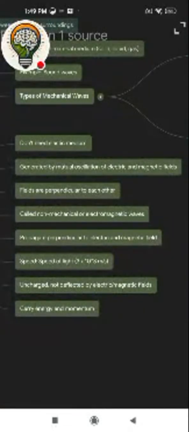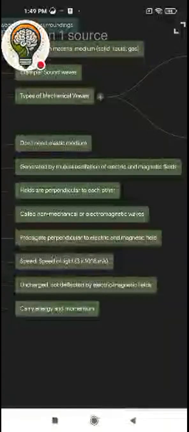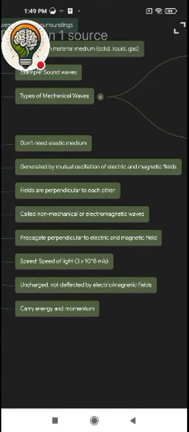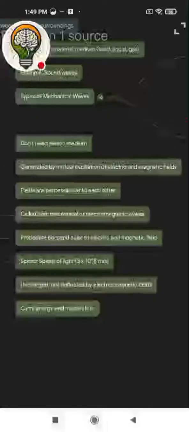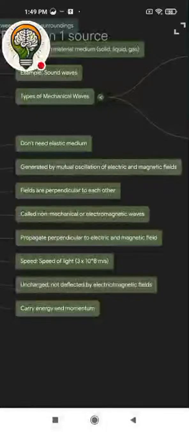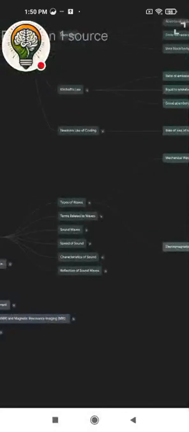It is generated by mutual oscillation of electric and magnetic fields perpendicular to each other, and is called a non-mechanical wave. It propagates perpendicular to the electric and magnetic fields, with the speed of light 3 × 10^8 meters per second, is uncharged and undeflected by electric and magnetic fields, and carries energy and momentum.